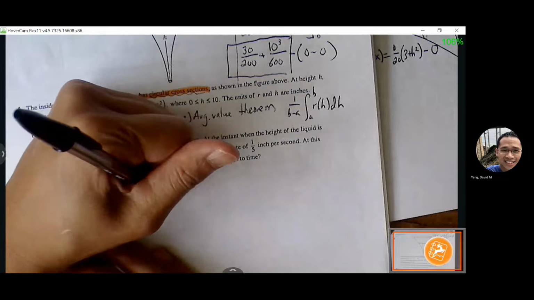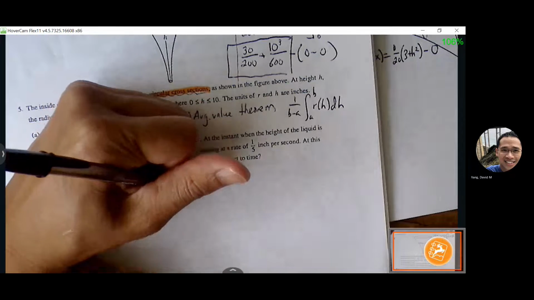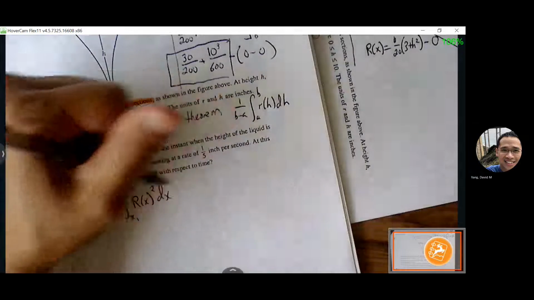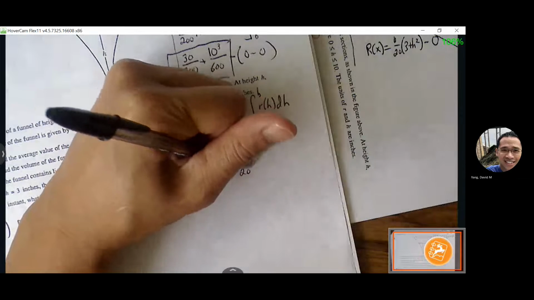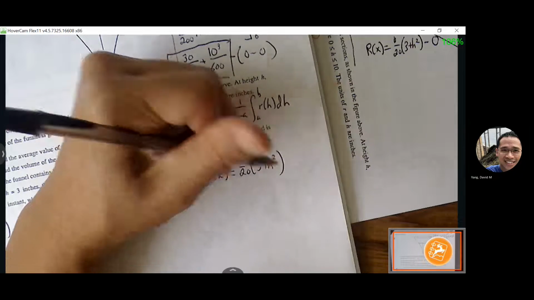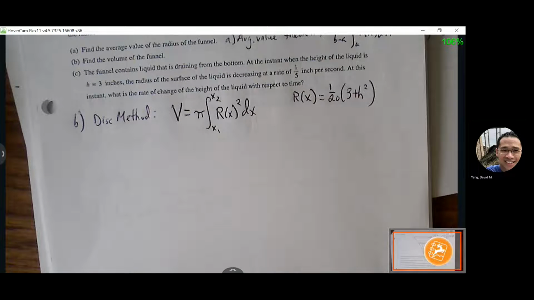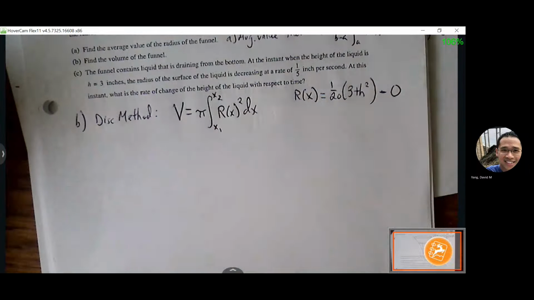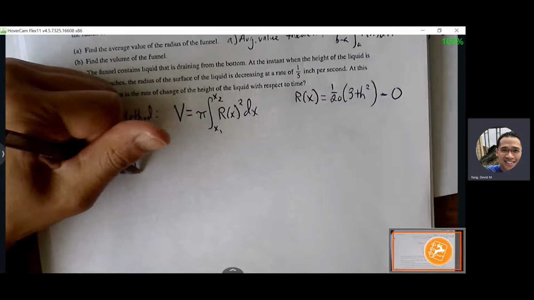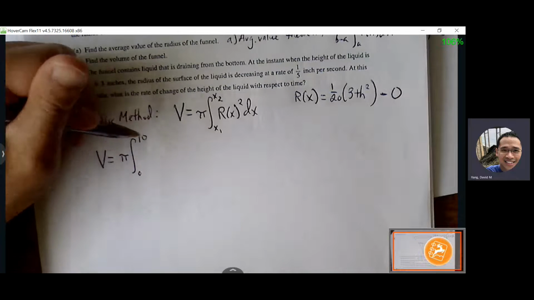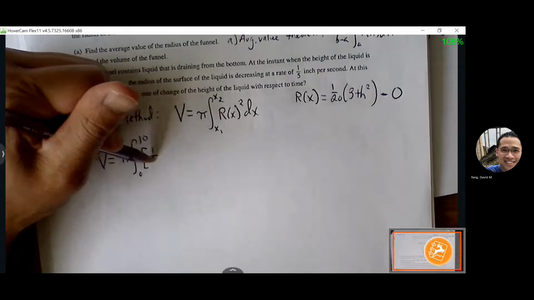We know this method. Minus 0. The bounds are from a height of 0 to a height of 10. Make sure we square our radius.